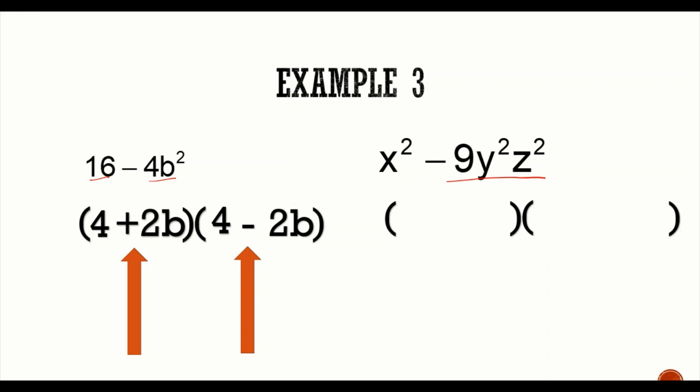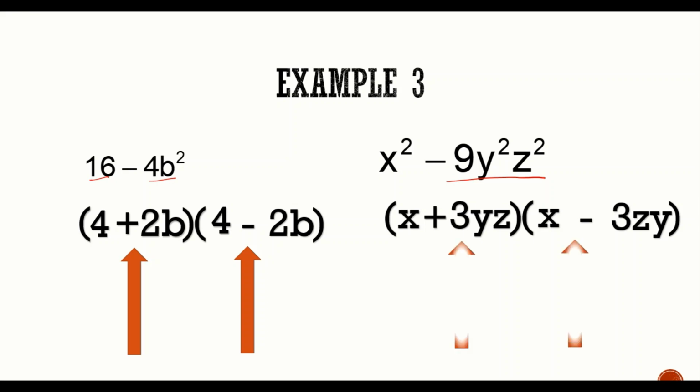So x times x will give you x squared, 3yz times 3yz will also give you back what you had, which is 9y squared z squared. Then you have a plus and a minus. The signs will not be the same.